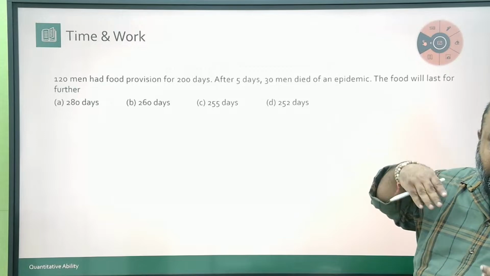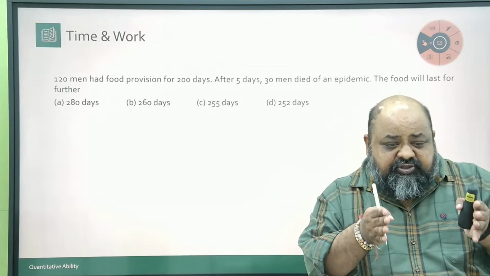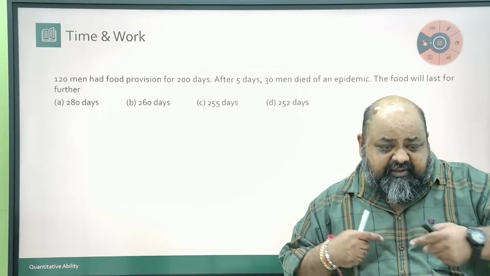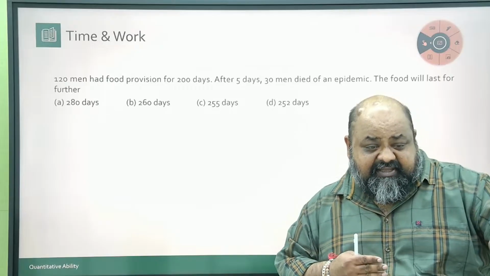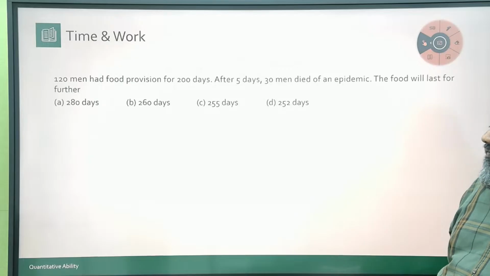Till now, in all the types of questions that I had written, the situations were the same, so we simply compared. Now a change happens after a period of time, and this is where I say we're talking of questions that you can expect in exams. 120 men had provisions for 200 days. After 5 days, 30 men died of an epidemic.